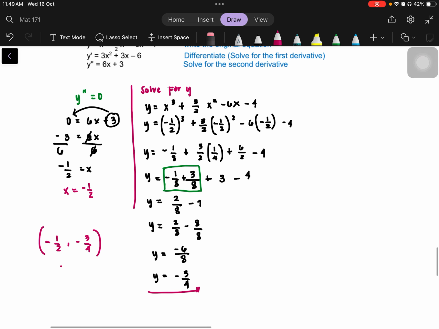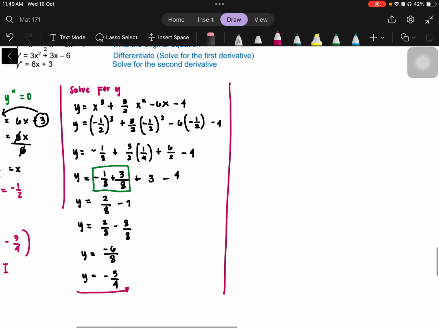But, we have to test. Okay, we have to test kasi di ba may dalawa binigay dito yung test natin. Hindi natin pwedeng sabihin na this is already the point of inflection. Okay, the POI. So, kailangan muna natin siyang i-test. So, first is, so, test 1. Okay. So, the first test, dapat select two values near negative 1/2.